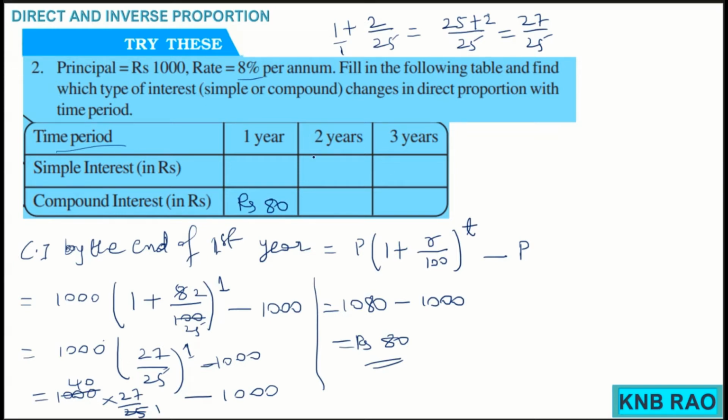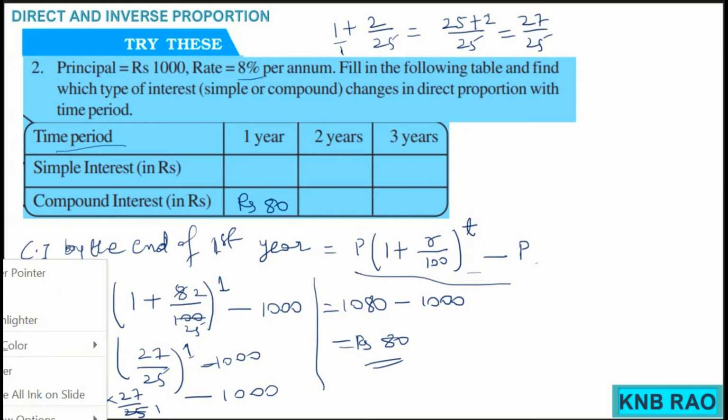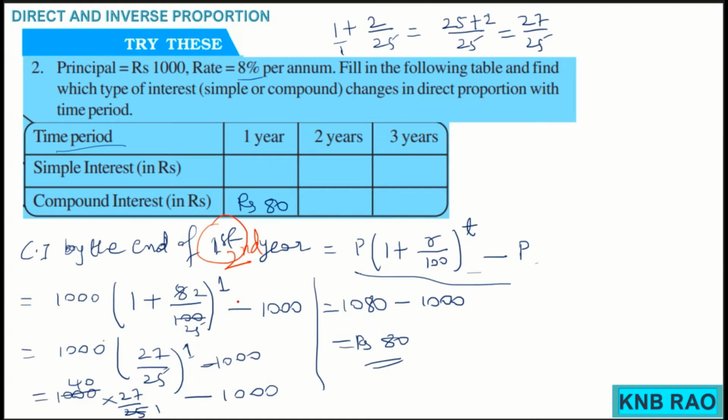See children, if I want to find out compound interest by the end of second year, what are all the modifications to be done? Formula remains the same, only I will tell you little changes. I am doing it with a different ink. Let me change the ink. I changed it to red. See, for the second year it becomes 2. That means here the power becomes 2, that's it, nothing else changes.